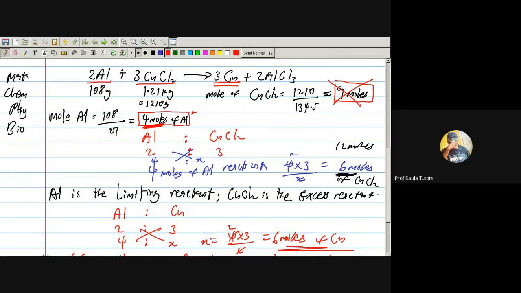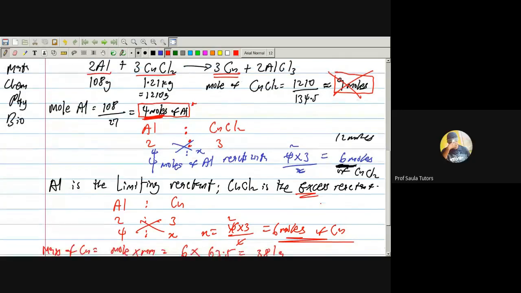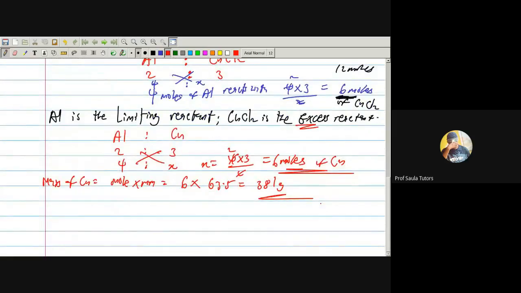By how much is this one in excess? Again, they can link this question to percentage yield. So it will be extreme in ours, but it's the same principle. Yeah, but we did it at that level, not even secondary school. In secondary school, I never even learned limiting reagent.